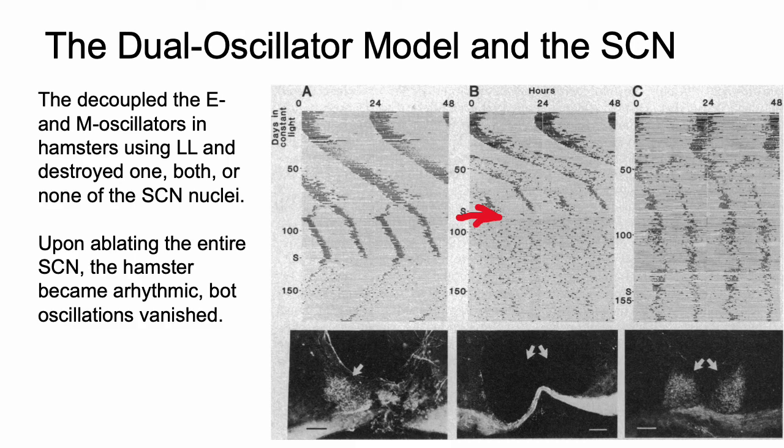So you can see in this middle graph, number B, there's a single oscillation in light. After about 2 months, the hamsters start to express 2 distinct oscillations of activity. At the red arrow, this is when they destroyed the SCN, and as you can see, the activity becomes relatively arrhythmic.